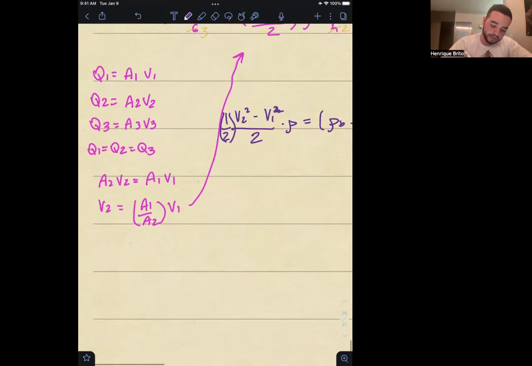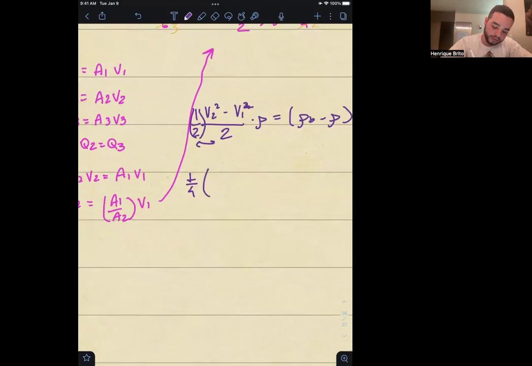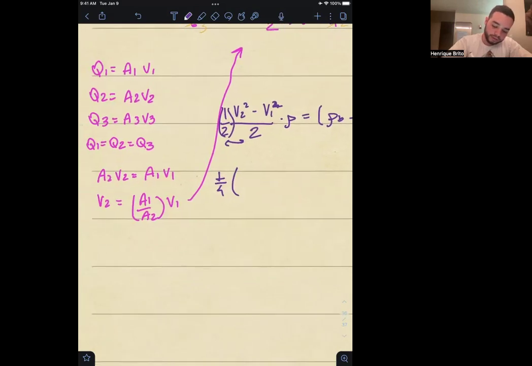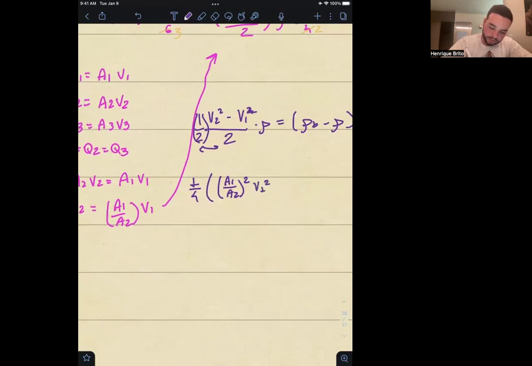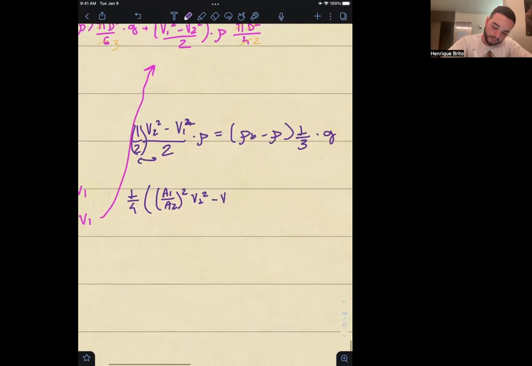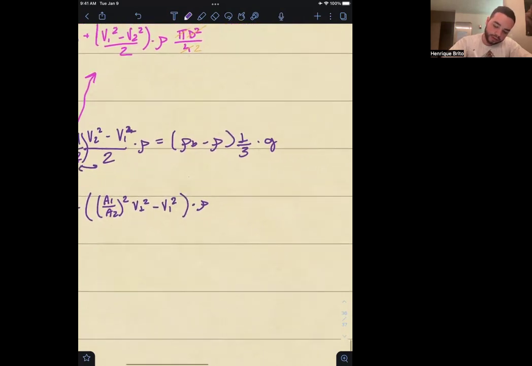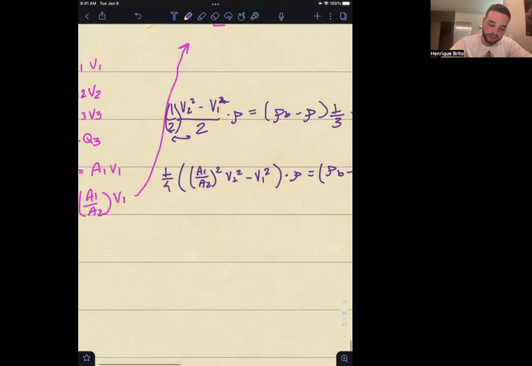So in this case, we would have 1/4, which is just combining this, times V2 squared, times our density, and this is all equal to something.